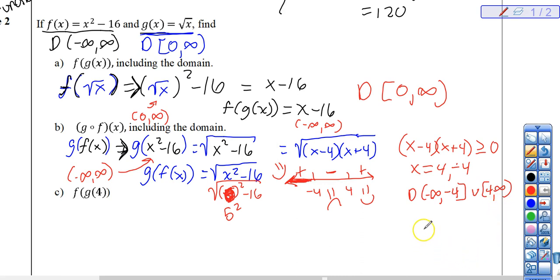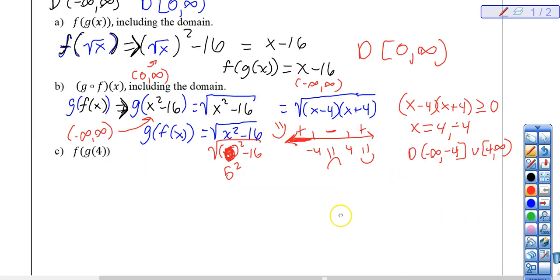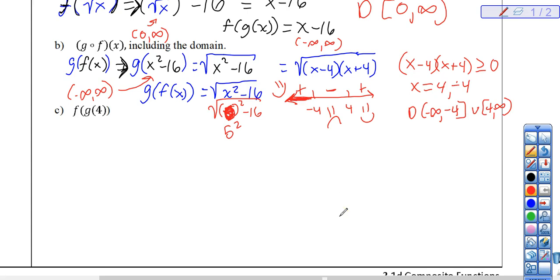All right. So I'm eliminating that section between my zeros because the section between my zeros produces a negative underneath my square root, and I can't have that. So here's my answer. G of f of x equals the square root of x squared minus 16, and there's my domain. Okay, so here we go. One more time. Now we're going to evaluate.